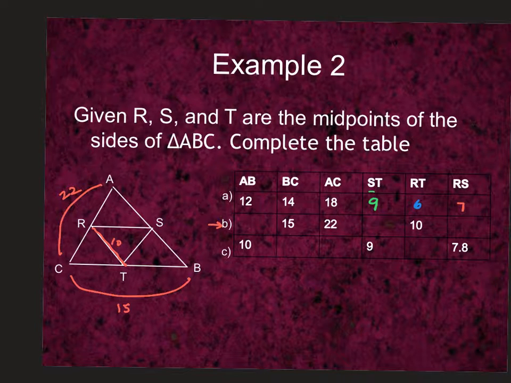We're still using the midsegments, but now we know that AC would be twice what ST is, so ST would be half of 22, which is 11. AB, this side, is twice the midsegment here, which is 10, so that's 20. And RS, which is this midsegment here, is half of this 15, or 7.5.